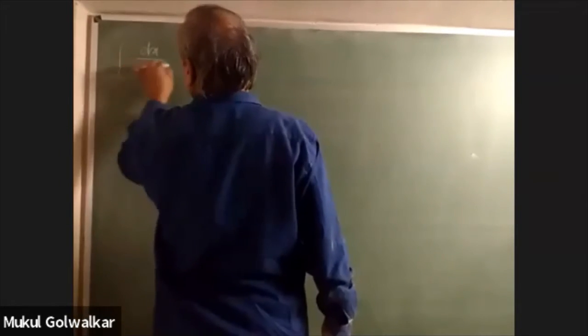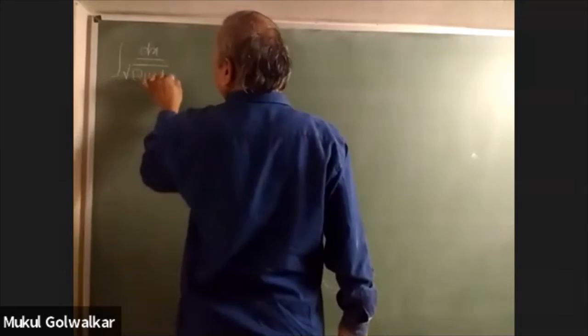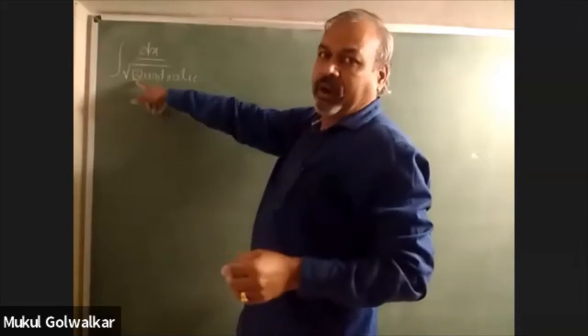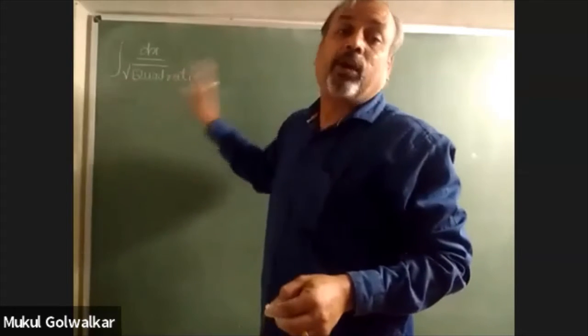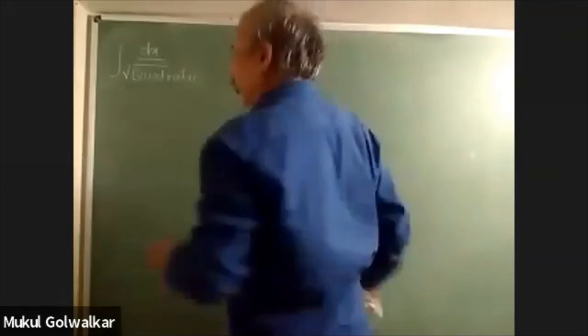Okay. So the next article I have written for you is dx upon root quadratic, rather, dx upon under root of quadratic. And for this also the same type of process is adopted. You see the question.